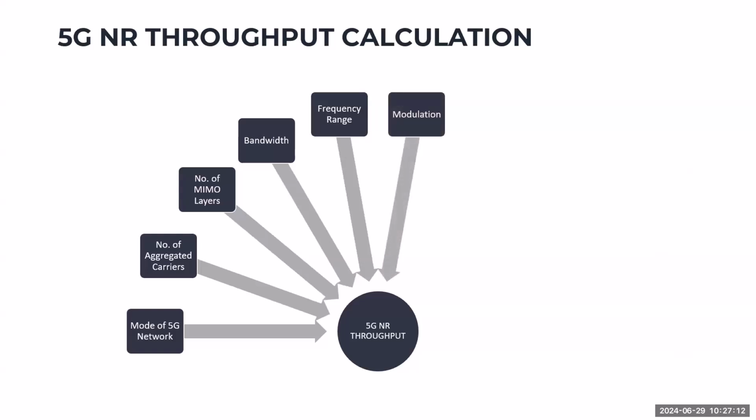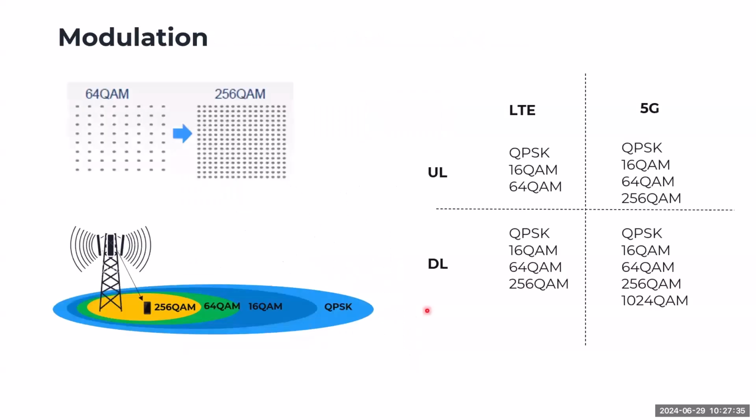So even though you have a wide bandwidth, even though you use massive MIMO layers, even though you have multiple carriers, even though you use FDD, but if you have a low modulation, it will still affect the throughput of your 5G. So why is it like that? If you look at the modulation, the modulation dictates the number of bits that you can transmit in your connection.